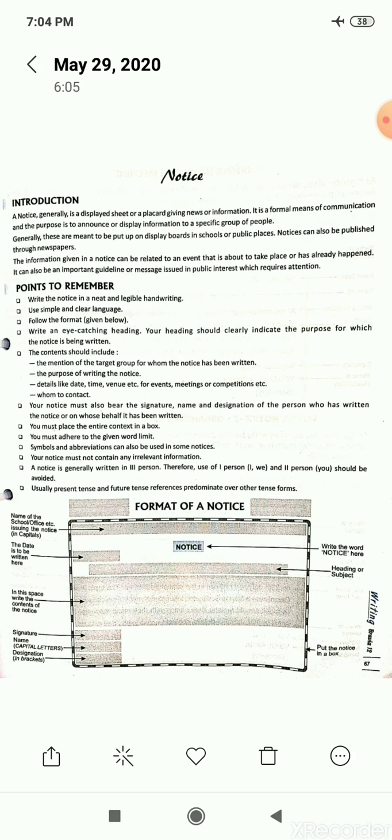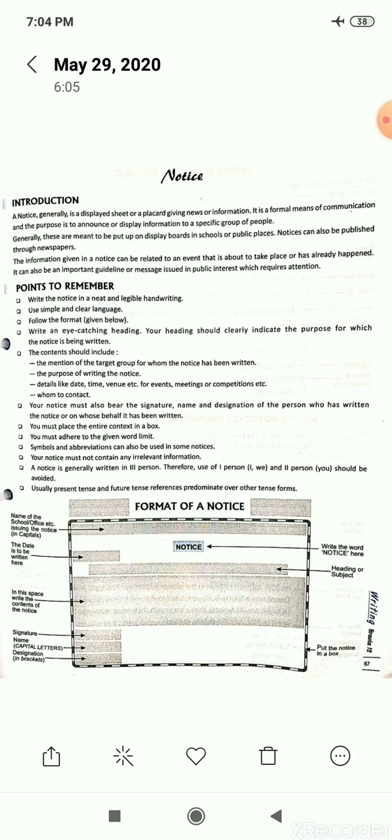But in notices, we need to decrease length. That is why we should not include any line, even any word, that is not important from the point of view of providing information. So try your level best to exclude any irrelevant information.